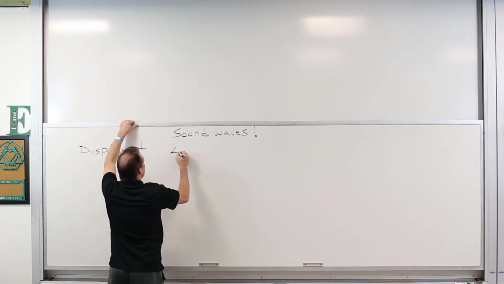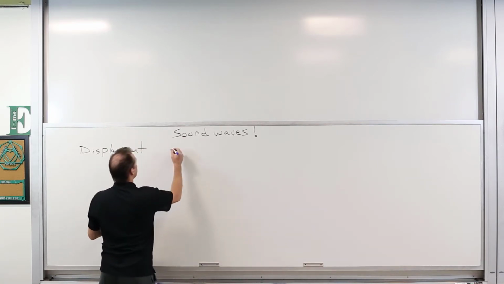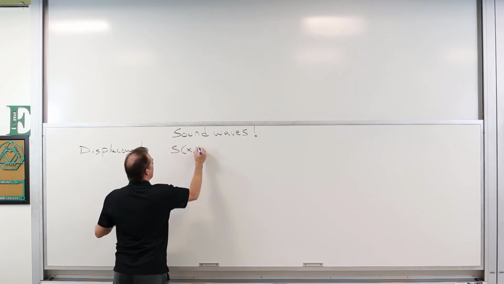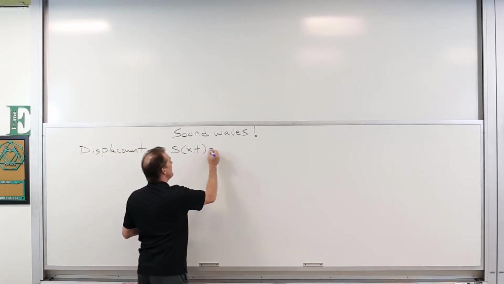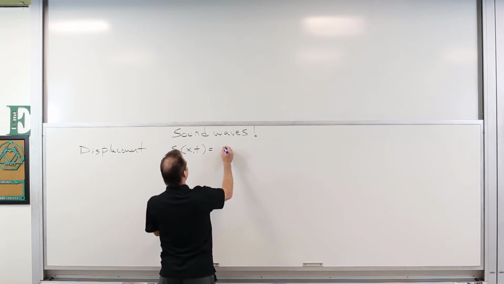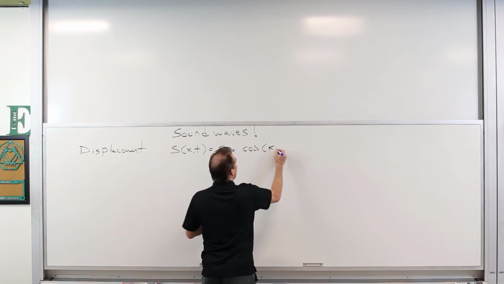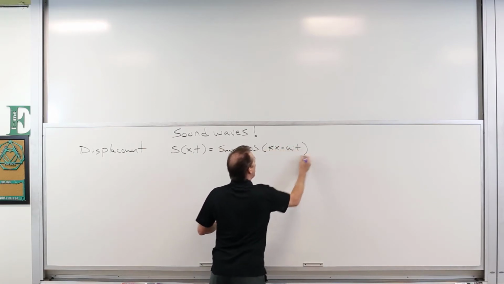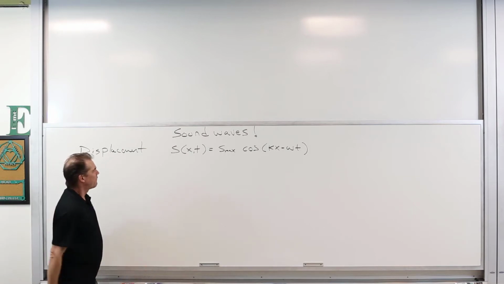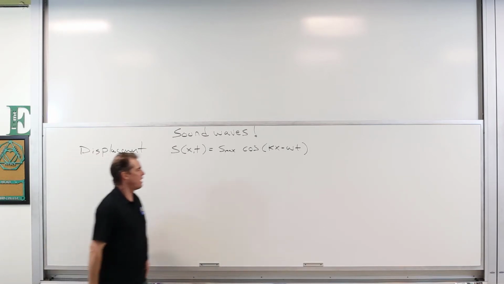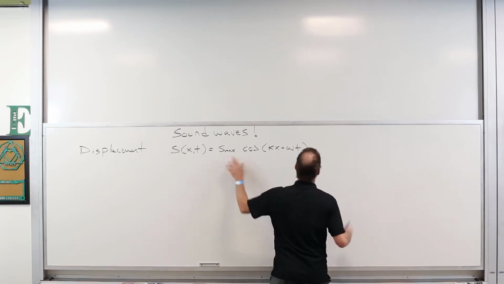We have delta S, I'm just going to call it S of x and t. Displacement as a function of position and time is equal to S max times the cosine of kx minus omega t. Don't care about a phase constant in this case. We just care about the angular frequency, the wave number, and the maximum displacement.